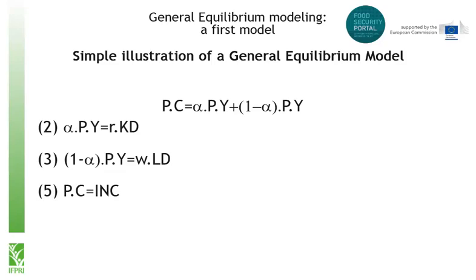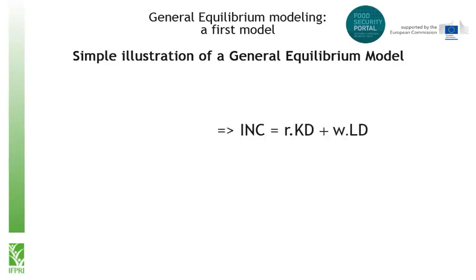And equation 5 is P times C equals INC. So if you use these equations and the equations that we've got earlier, you can in fact replace P times C by INC, and on the right side you have R times KD plus W times LD. So you've got a new equation which is INC equals R times KD plus W times LD.